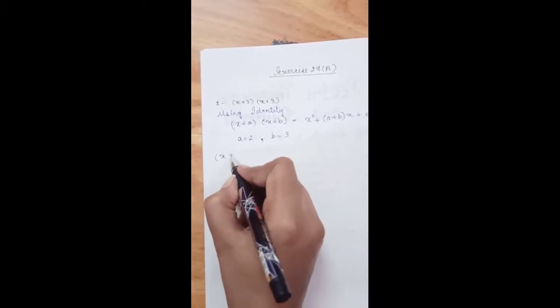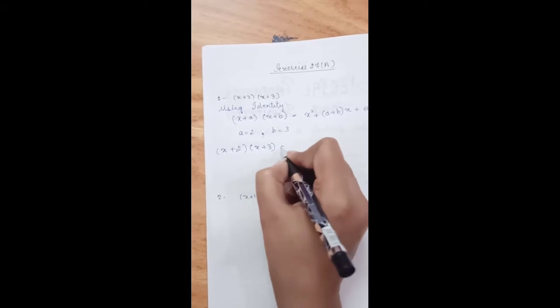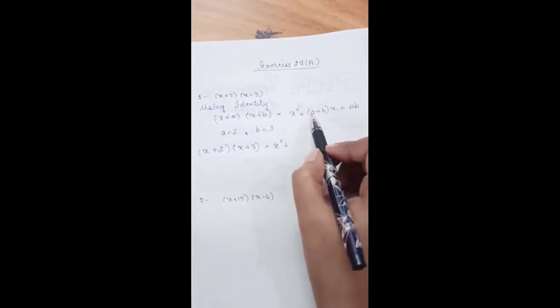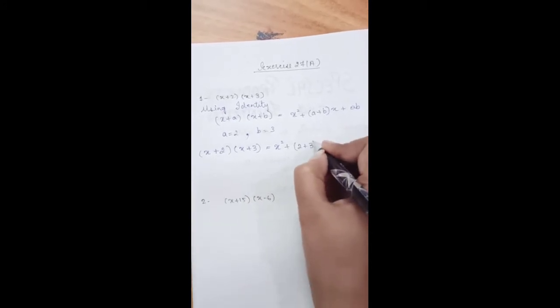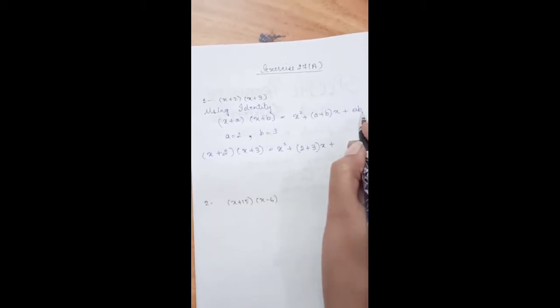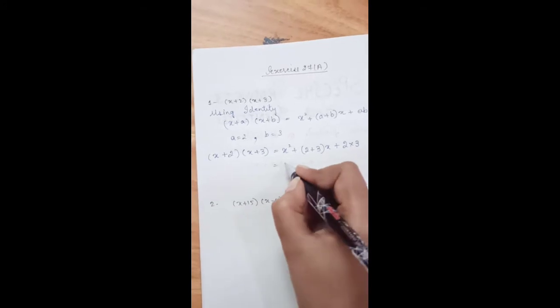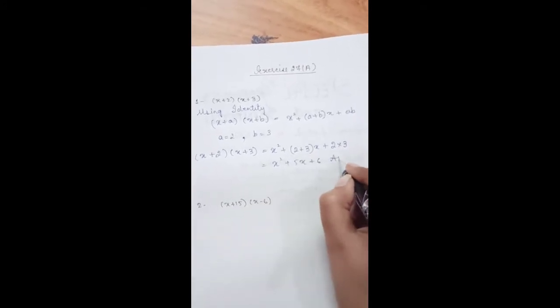So here we get (x plus 2)(x plus 3) equals x square. Now here we put the value of a and b, right? The value of a is 2 and b is 3, and ab means a multiplied by b. So a is 2 and b is 3. From here we get x square plus 5x plus 6. This is our required answer.